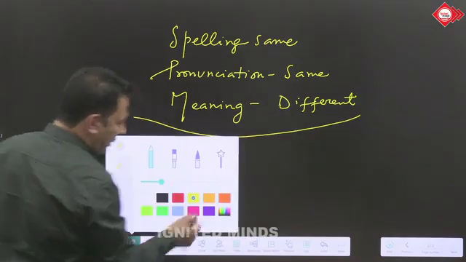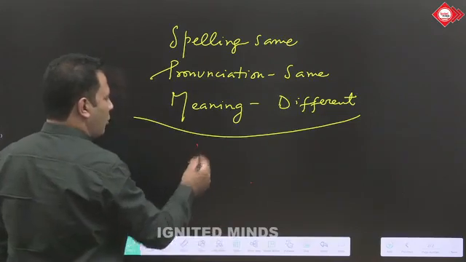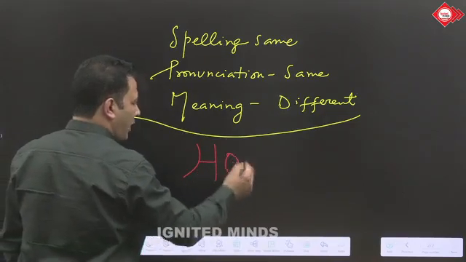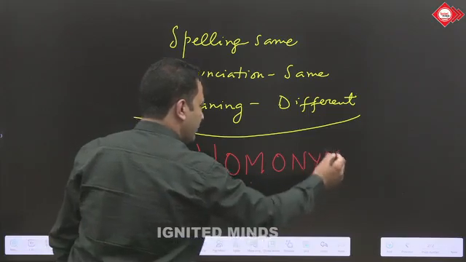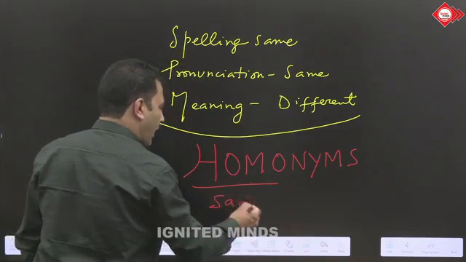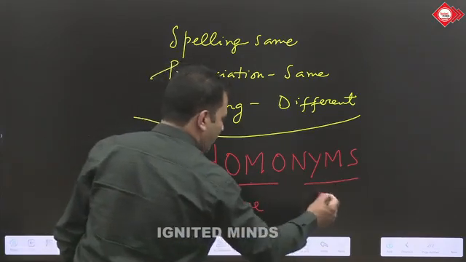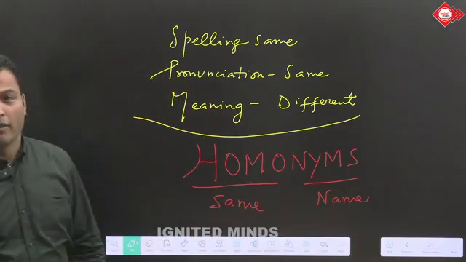I'll write with a different pen so that you can just understand it. We call such words in English as homonyms. Homo means same and nym means name. Yes, they have same name. Absolutely yes. Same name.